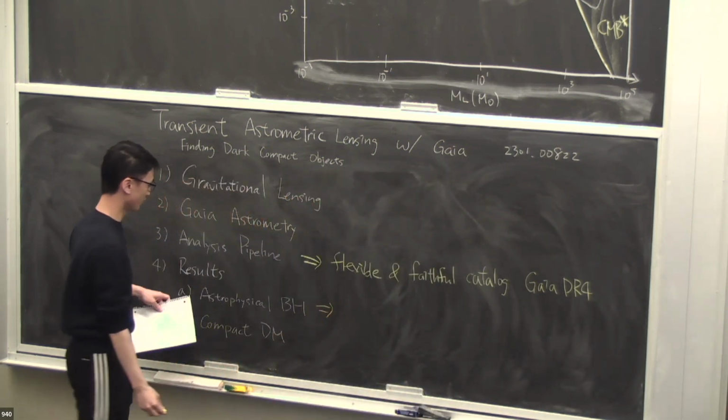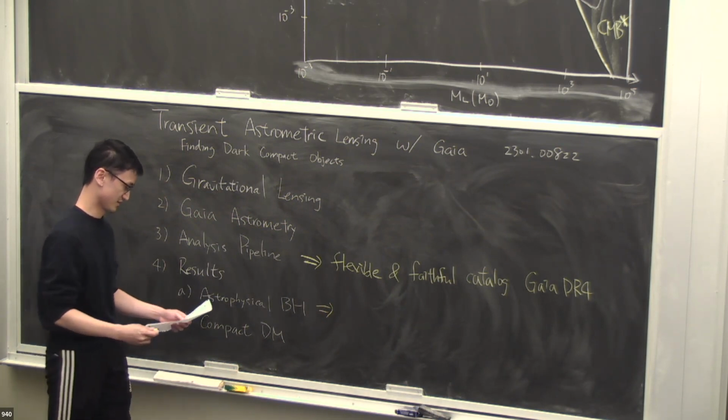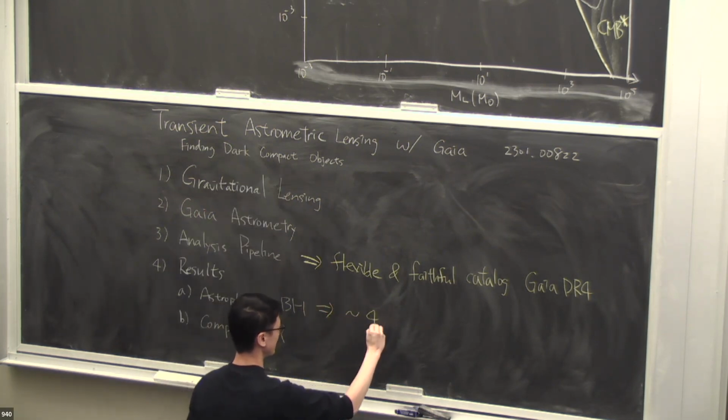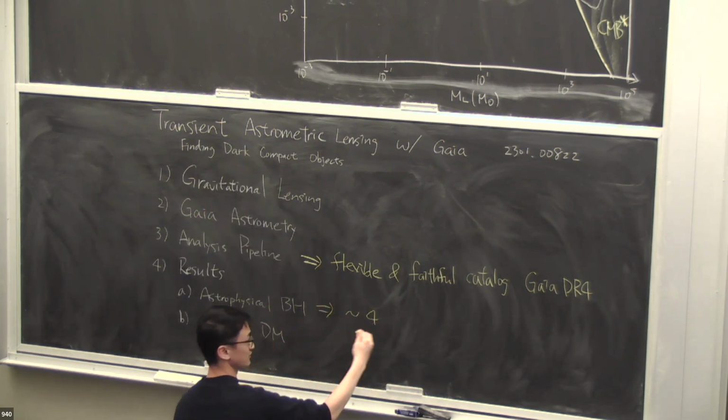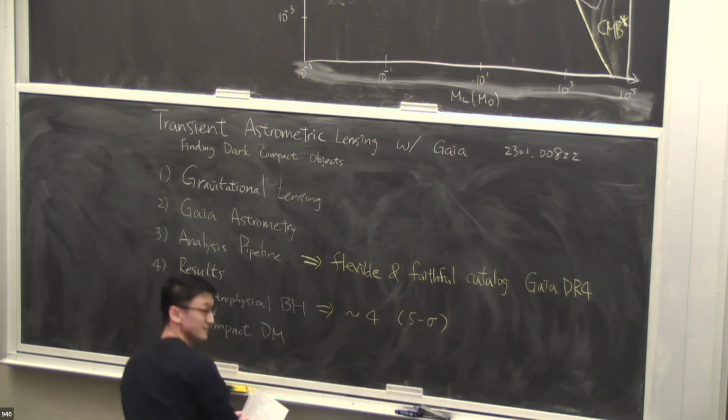For our mock search, we can project that Gaia will probably see around 4 of those astrophysical black holes at the 5 sigma level.